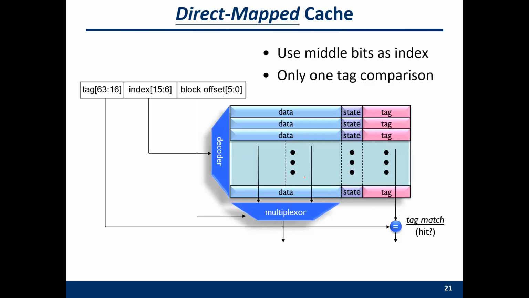You cannot compare so many tags in one cycle, which means that the hit latency will be prolonged in the fully associative cache. Sometimes you just need a faster lookup, and you may want to sacrifice the hit rate.